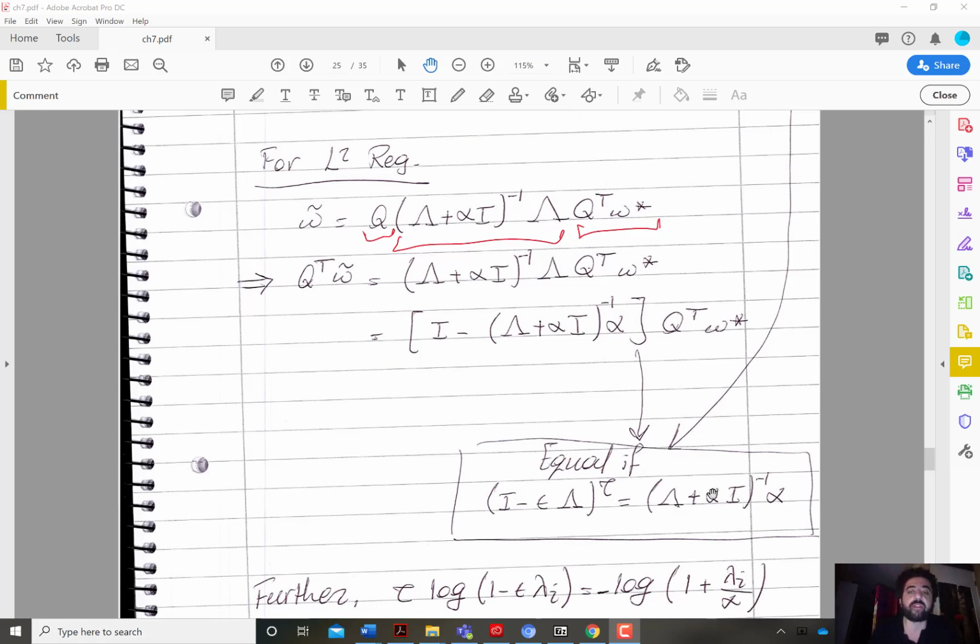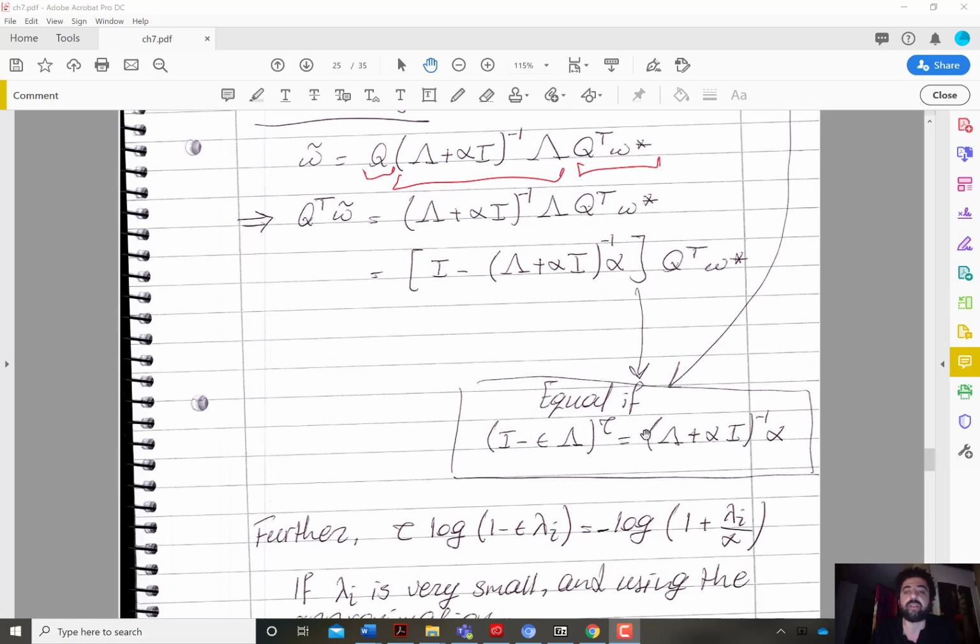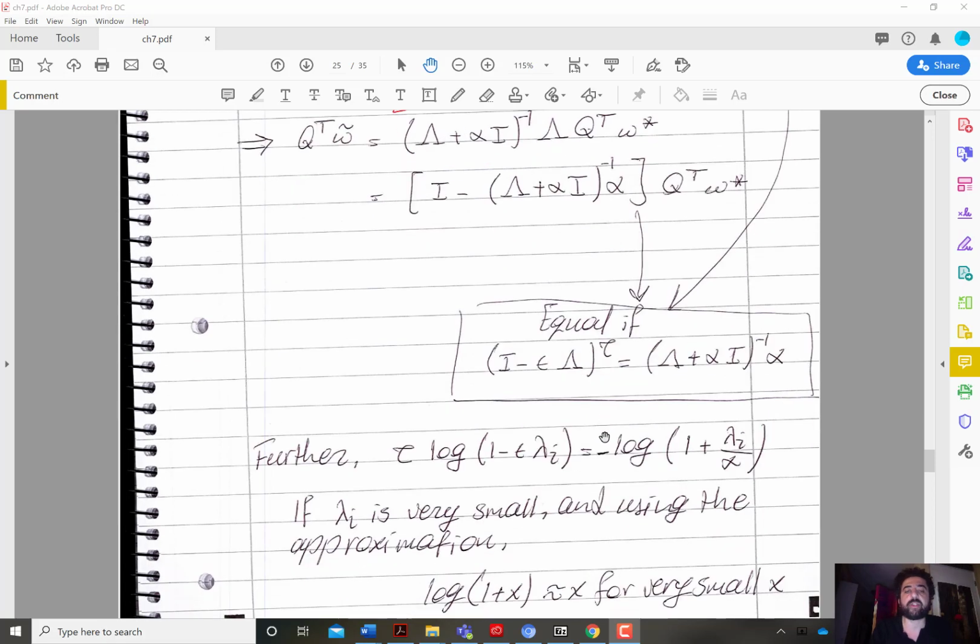Both of these are diagonal matrices, so the equality ends up being element by element. If you take the log of both sides, this is alpha over lambda i plus alpha, and this is 1 minus epsilon lambda i to the tau. Taking the log of both sides, I get tau log(1 minus epsilon lambda i) equals minus log(1 plus lambda i over alpha).